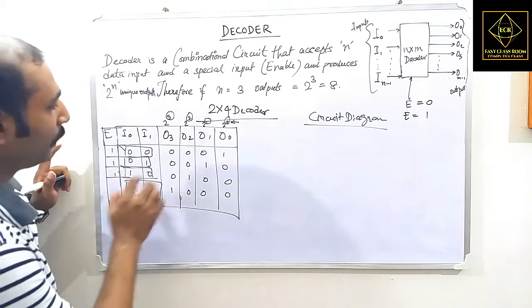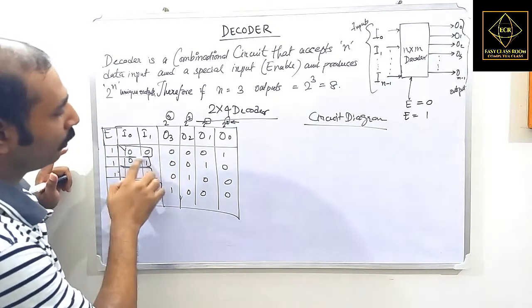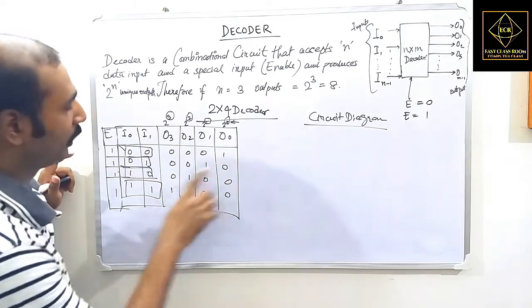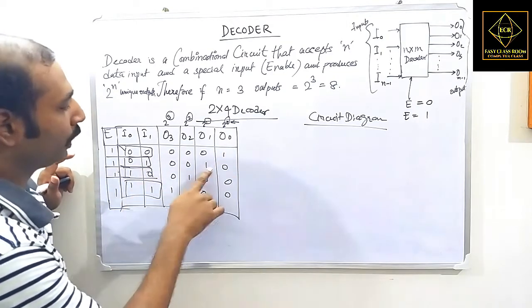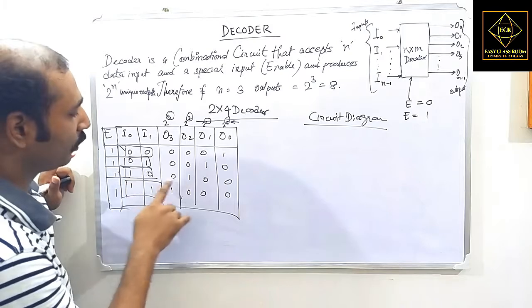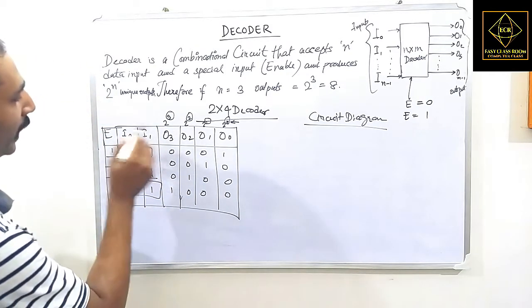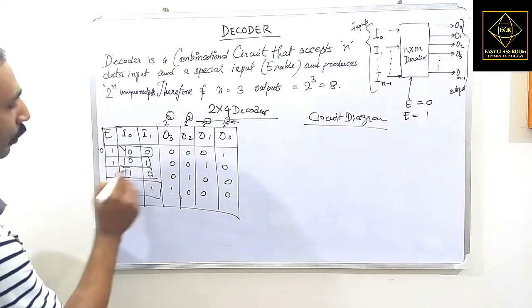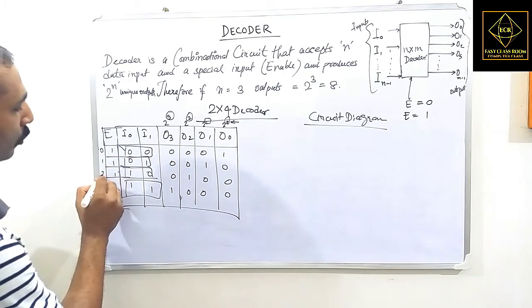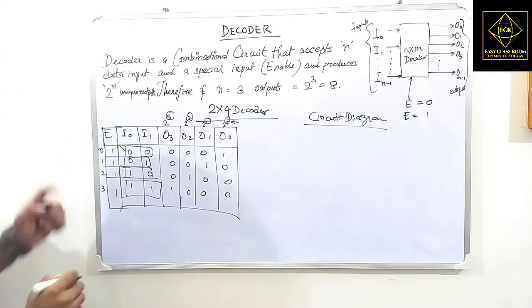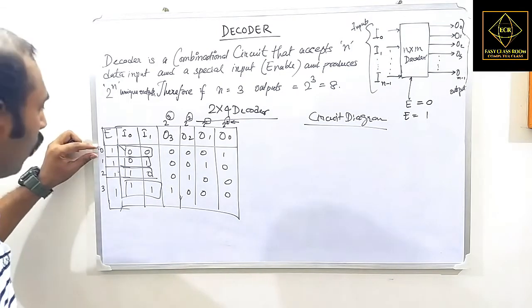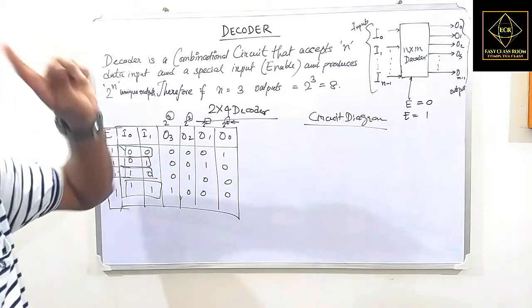Now what is happening here: for 0 0 this output is high, for 0 1 this is high, for 1 0 this is high, and so on. In decimal, 0 0 is 0, 0 1 is 1, this is 2, and this is 3. So what we are capitalizing on is the 2 to the power value.